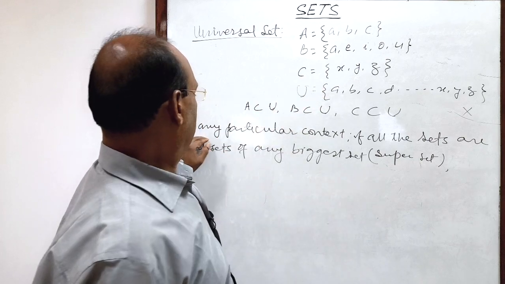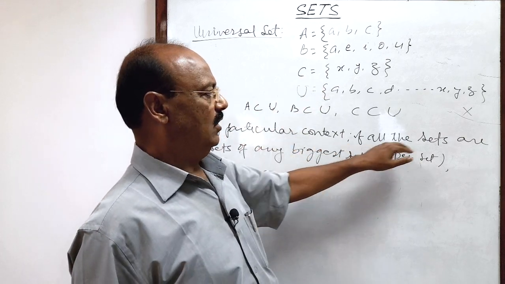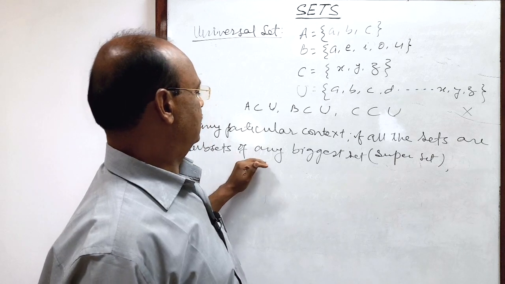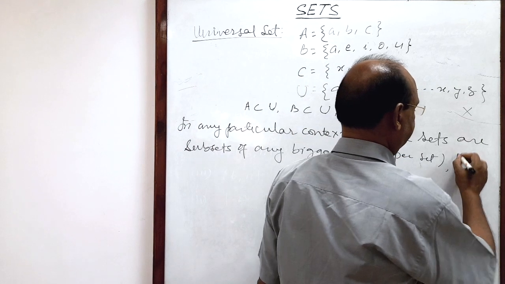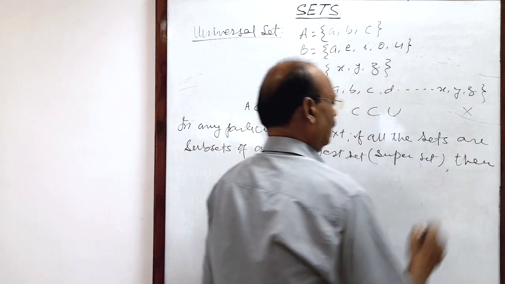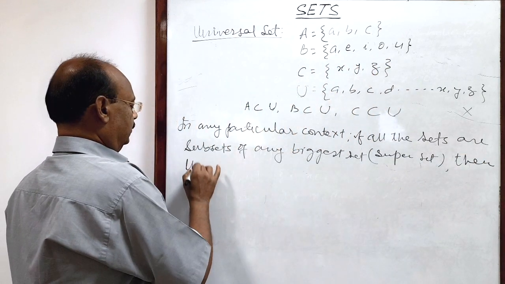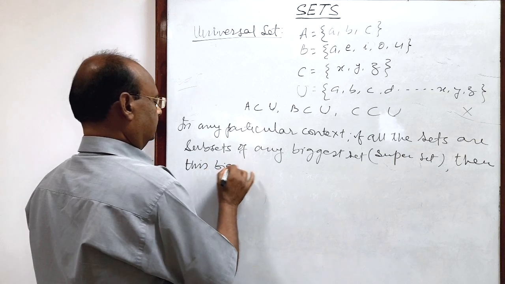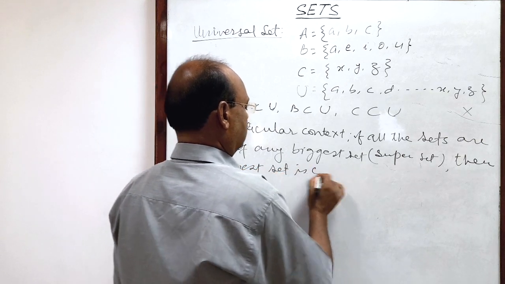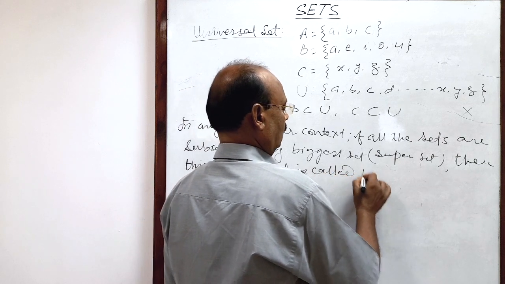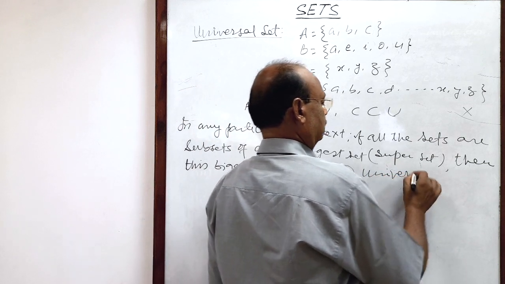So in any particular context, if all the sets are subsets of any biggest set or superset, then this biggest set is called universal set.